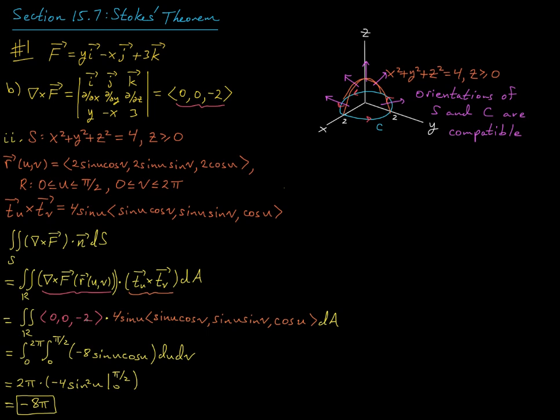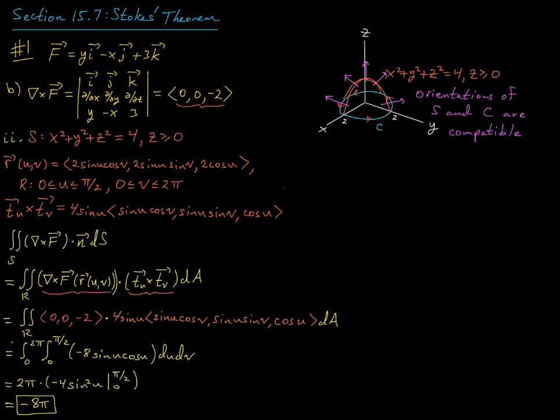This is again a pretty simple dot product. The 4 sine u is multiplying the cosine u. And since I only have a non-zero k component for the curl vector, I'm going to get -8 sine u cos u. And we're going to integrate this expression as we let u vary from 0 to pi over 2 and v vary from 0 to 2 pi.